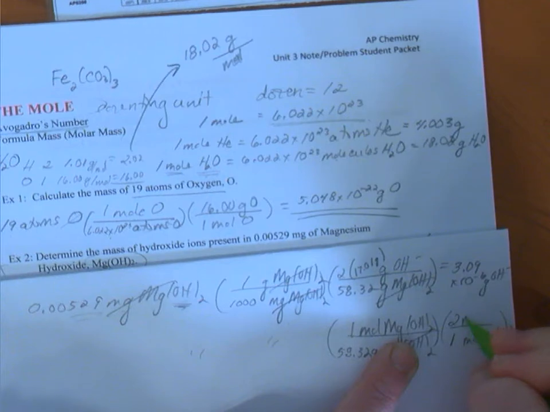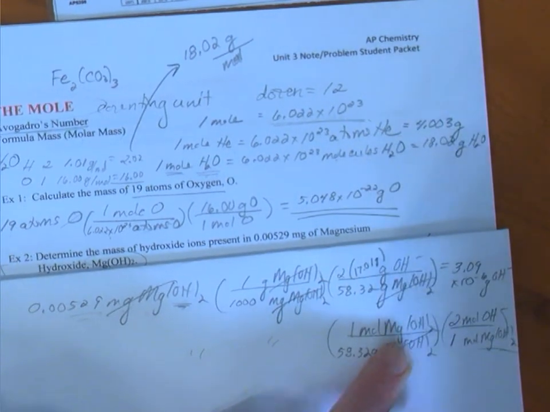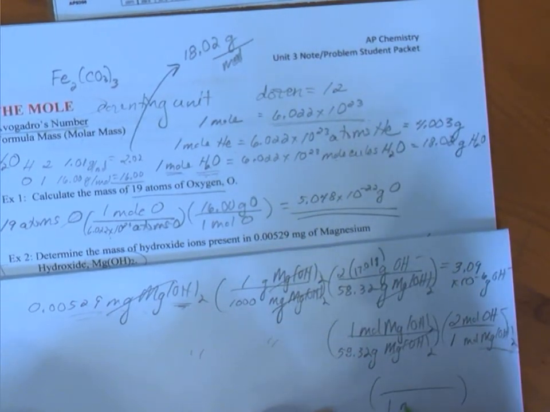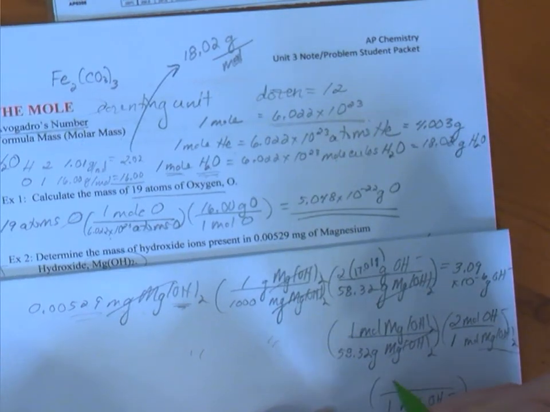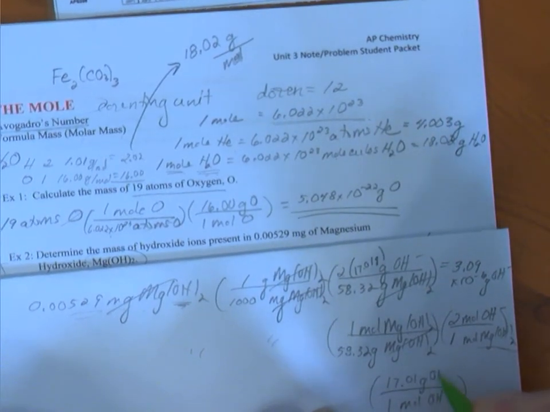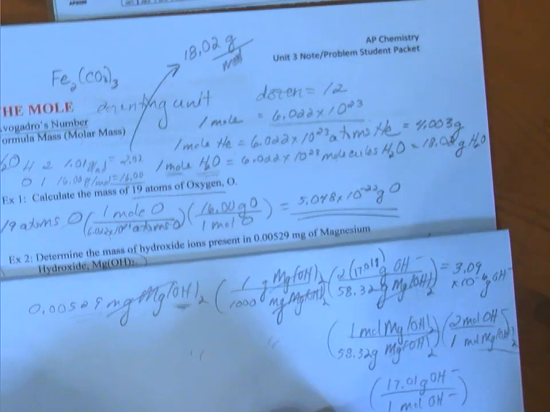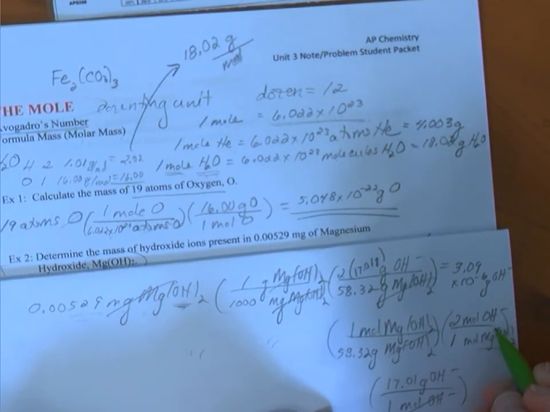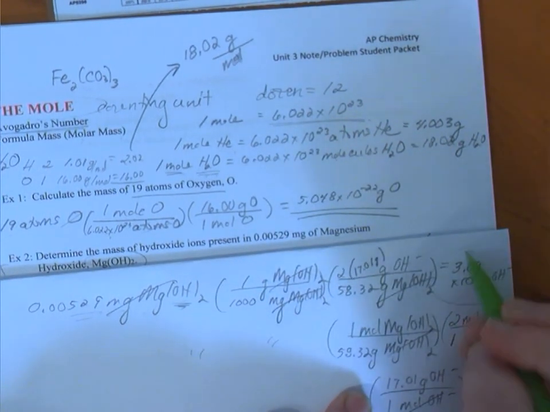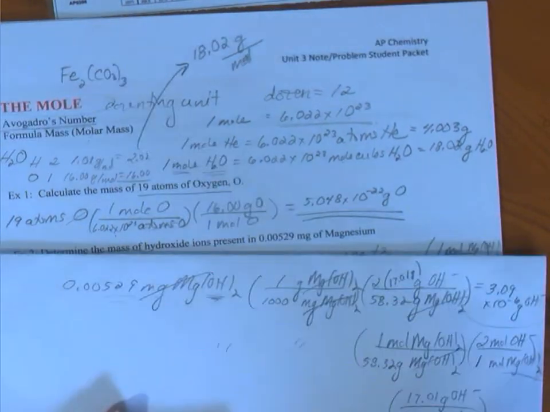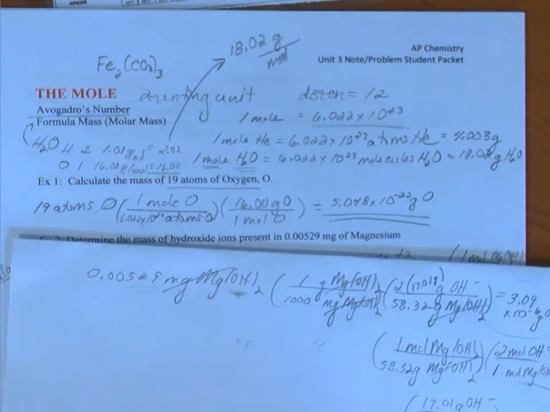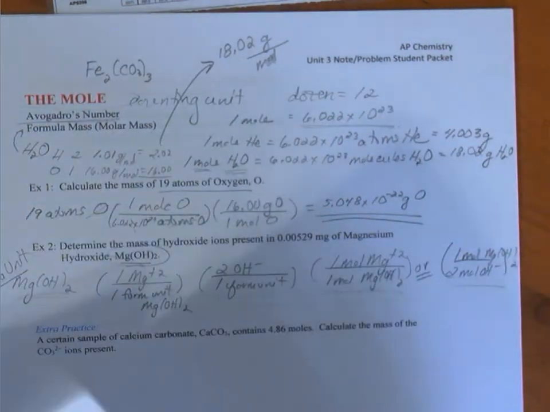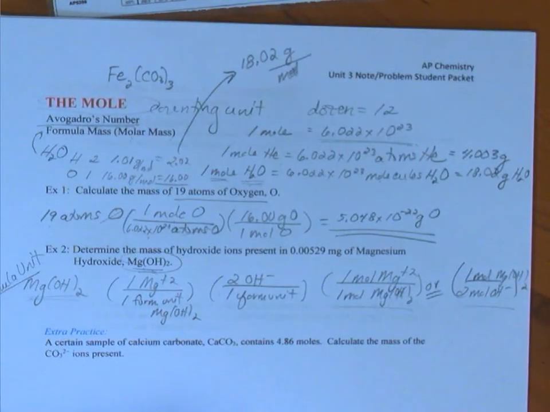There are 2 moles of hydroxide, and then every 1 mole of hydroxide would be 17.01 grams of hydroxide. And then what we will get, ladies and gentlemen, is the same answer. All right, so this reviews some of the fundamentals that we will need to adventure through this chapter.